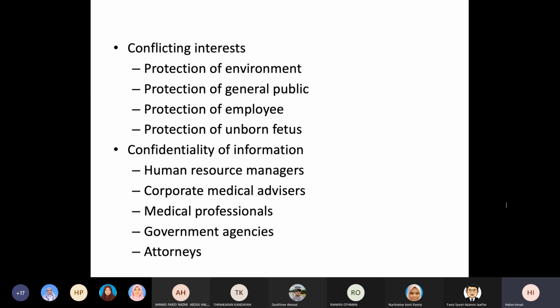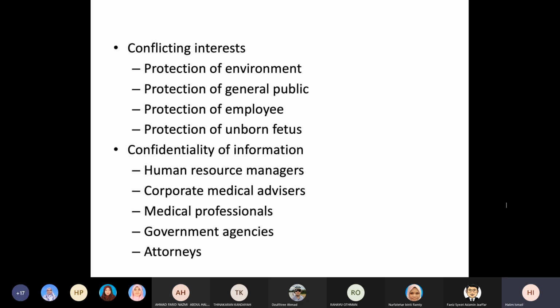So in terms of conflicting interests, in terms of protection of the environment, protection of the general public, protection of employees, protection of the unborn fetus, all this needs to be taken into consideration, because you know that a job provides money, right? Lots of people depend on that particular job for their livelihood.